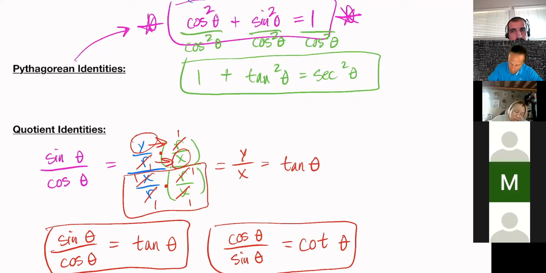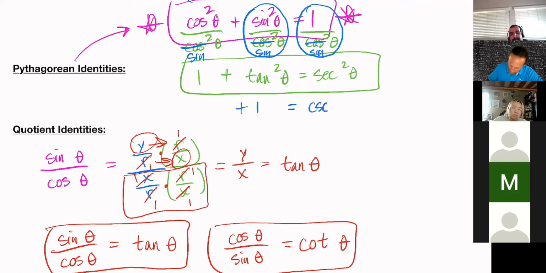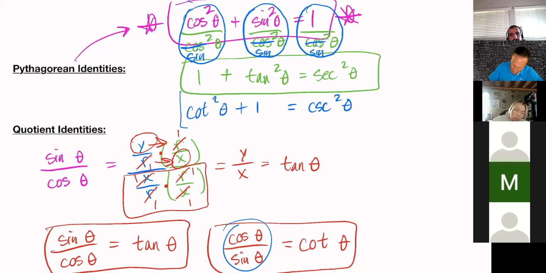So of course, we could also divide everything by, instead of cosine squared, sine squared theta. And that would give me my 1. That would give me my cosecant squared. And that would give me my cotangent squared.